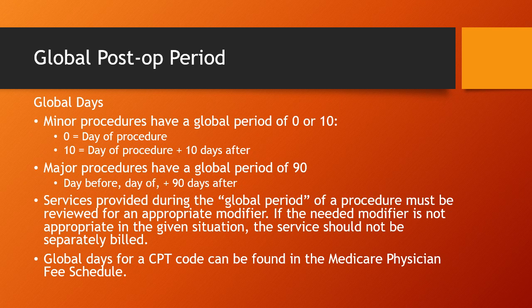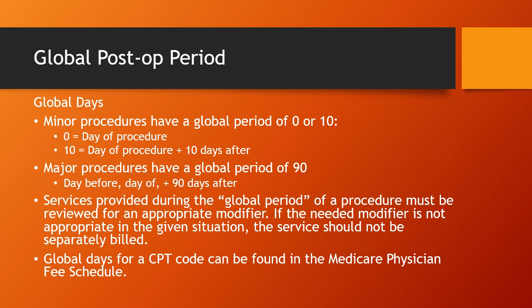A global of 0 does not mean there is no global procedural period. What a global of 0 means is that day of the procedure is the global period. So it's D-Day, it's day 0. The day of the procedure is the global day.